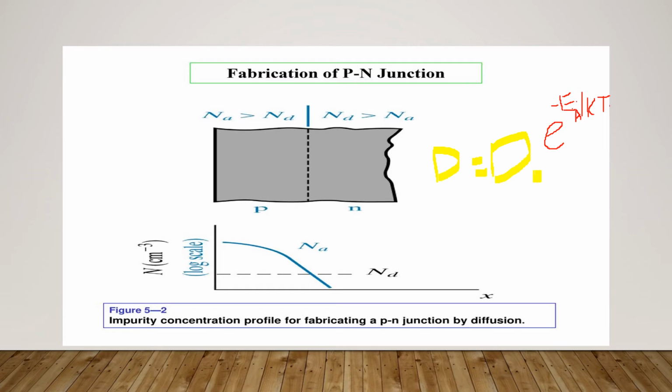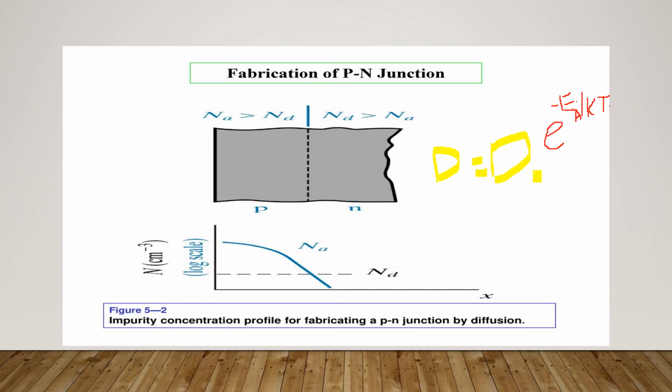Here D naught is a constant depending upon the material and the dopant, and EA is the activation energy. Now the average distance that the dopant diffuses is related to diffusion length.